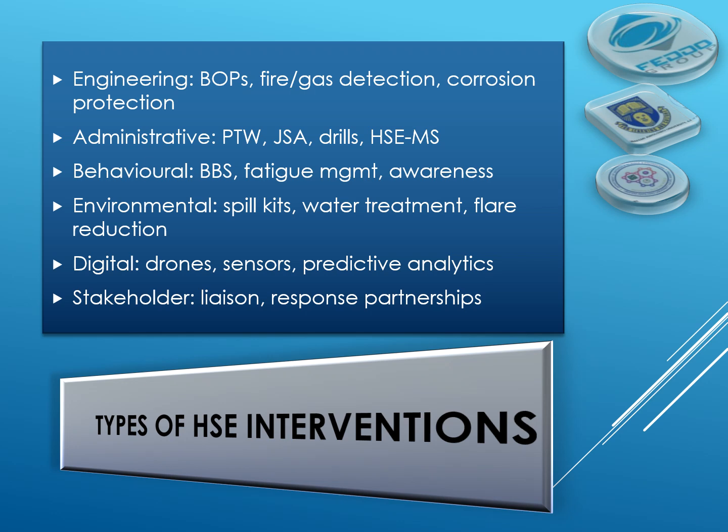Types of HSE interventions. Engineering solutions include blowout preventers, fire and gas detectors, corrosion protection. Administrative controls, permits to work, job safety analysis, toolbox talks, and drills keep work organized. Behavioral programs train people to spot hazards and work safely.